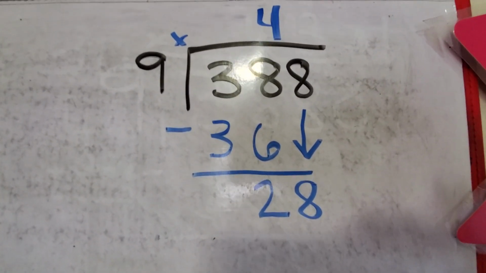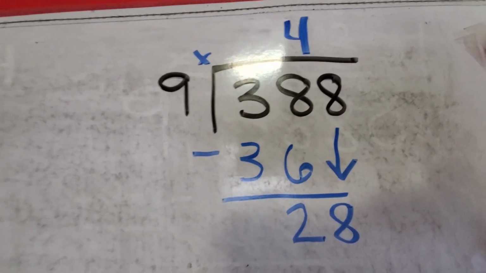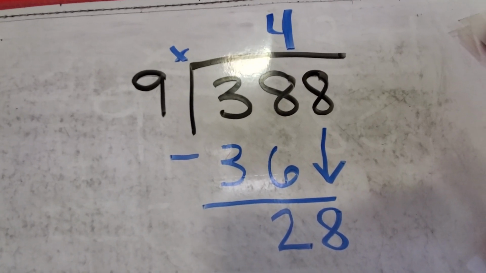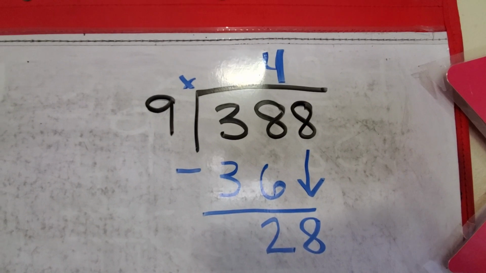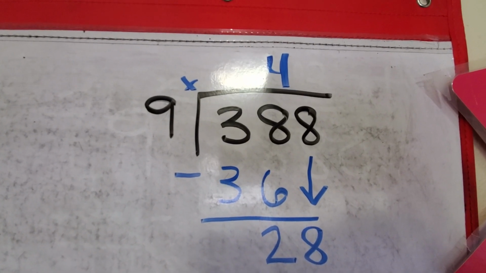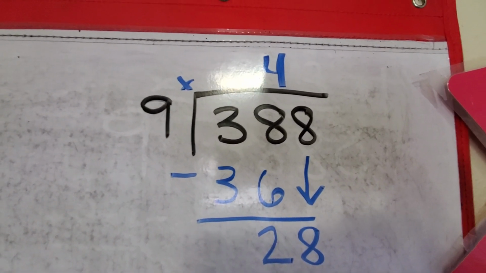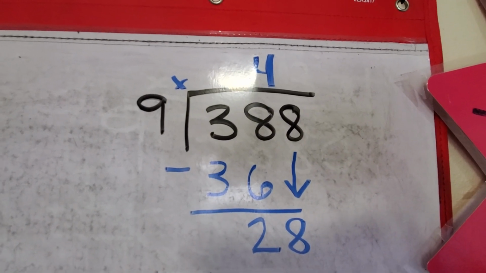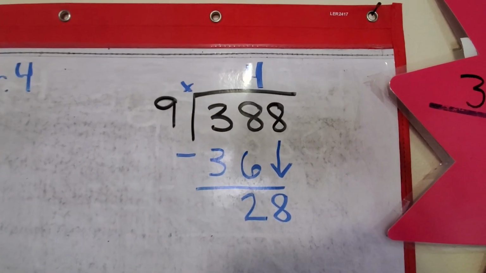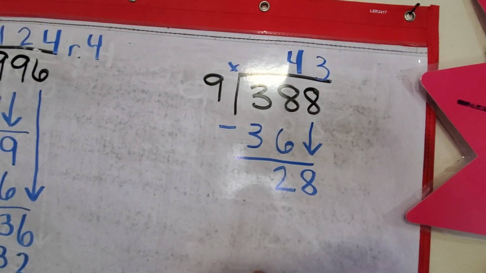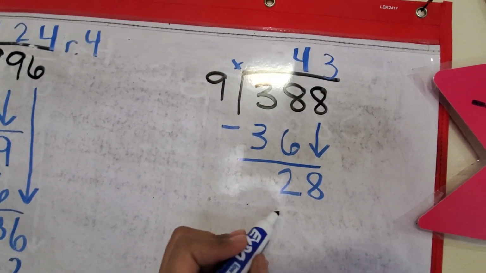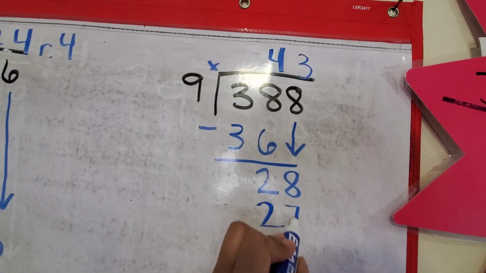How many groups of 9 ones can I make out of 28 ones? Well, again, I'm going to count by 9s. 9, 18, 27. Oh, 27. It's really close to 28. So that was 3 groups because 9 times 3 is 27.